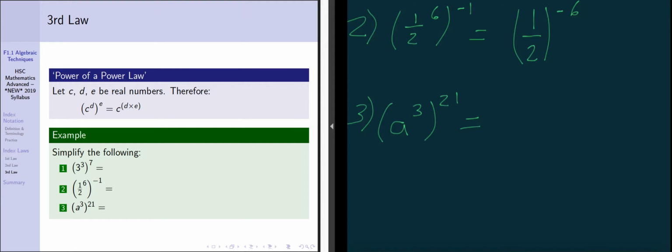So if we use the power of a power law, we see that it's actually a to the 63rd power, which is, and sorry, I should have put in that it's 3 times 21, which is what our law is telling us. But that's a ridiculous amount of times to write a multiplied by itself. So this notation is very useful for writing very long and repetitive chains of multiplication.